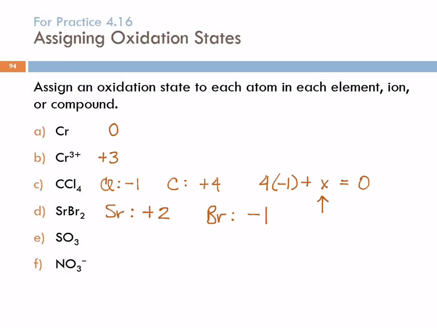Let's look at SO3. What kind of a compound is that? Non-ionic. It's molecular. It's got 2 nonmetals. So we have to do Pho 765. Fluorine, no. Hydrogen, no. Oxygen. Oxygen wants to be what?